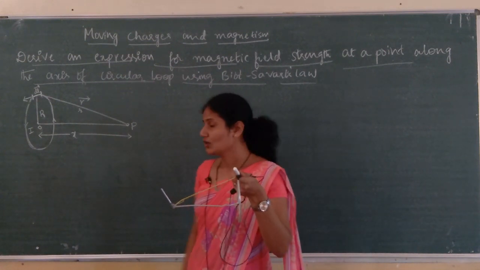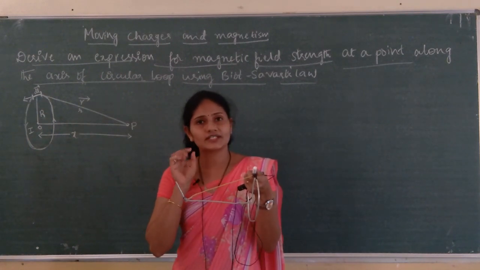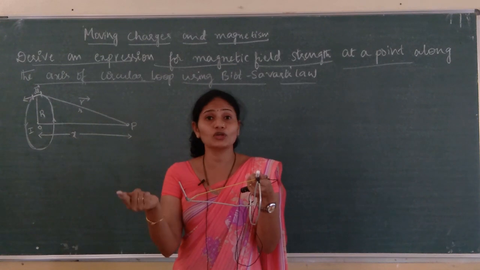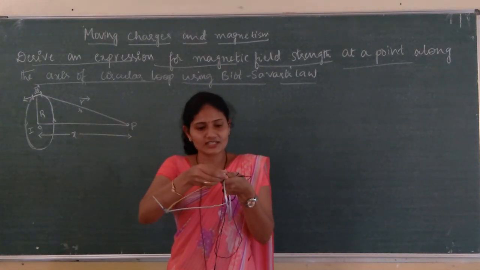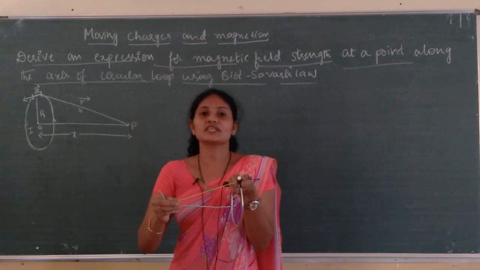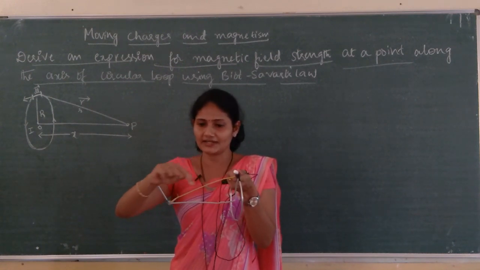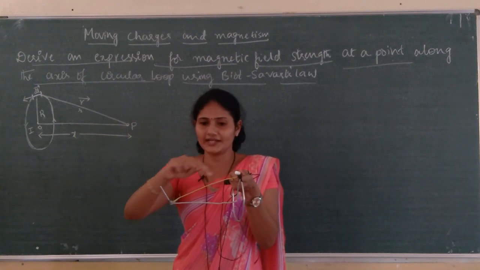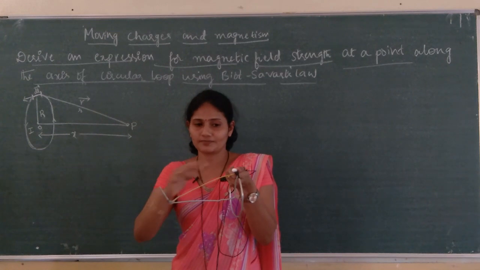Now, let us see what is the direction of the magnetic field. As you all know, the dB vector is perpendicular to the plane containing the dl vector and r vector. So, dl is in this direction and this is r. This is the plane containing dl and r, so for this plane dB must be perpendicular.